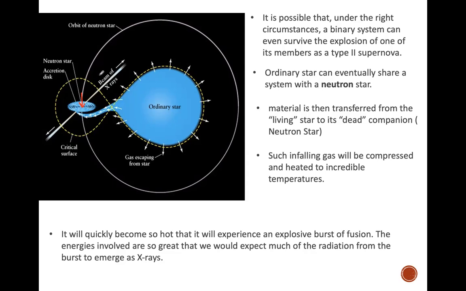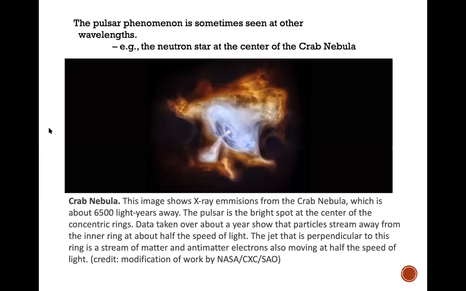Now you can see the beam of X-rays moving out in this direction and that direction. And this is another way of detecting neutron stars, looking at these X-rays with X-ray telescopes. Right? So I'm basically explaining that apart from detecting a pulsar in radio waves, there are other ways of detecting these neutron stars, right? And this is an example of looking at the pulsars in other wavelengths, which I have explained.